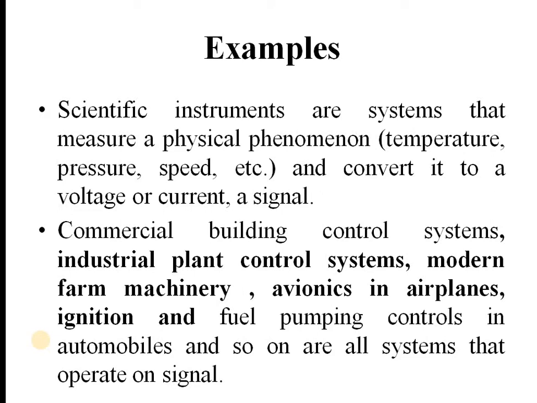Whenever we see commercial building control systems or industrial plant control systems, they relate to the outside environment. In commercial building control systems, the internal temperature of the building will be based upon the outside climate.